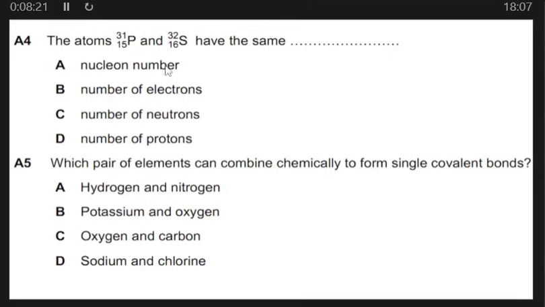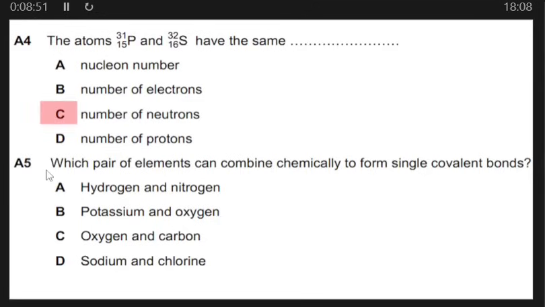So what is the same here? If we get relative atomic mass 31 minus 15, we get 16, which is the number of neutrons. Again, 32 minus 16, we'll get 16, which is the number of neutrons. So these will have the same number of neutrons, which will be C.